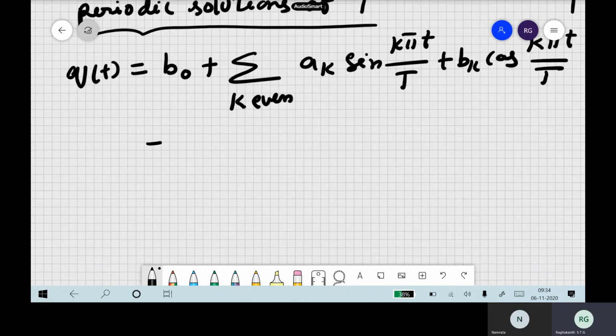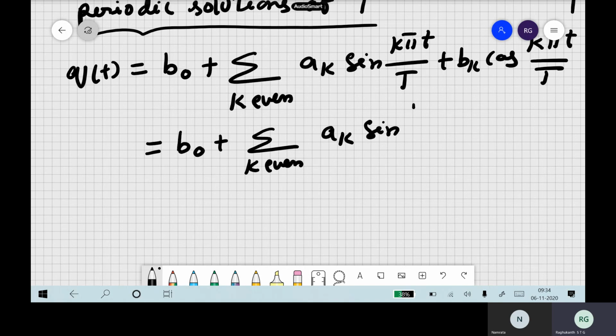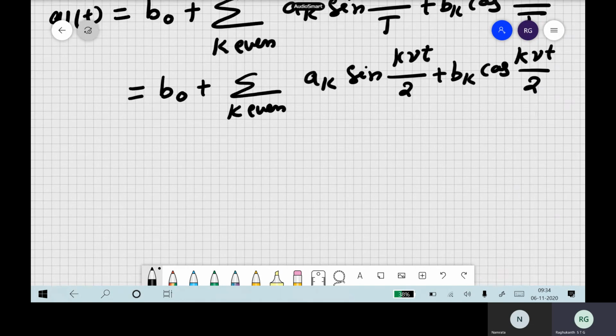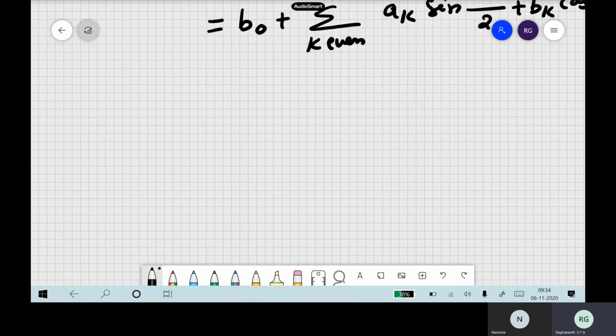You can also write this as b naught plus, for k even, ak sine of k nu t by 2 plus bk cos of k nu t by 2. Of course now k becomes even numbers. Now you substitute in the equation and you will get a set of equations.